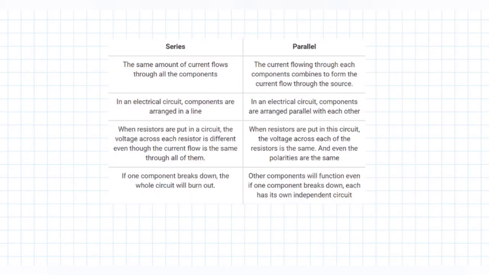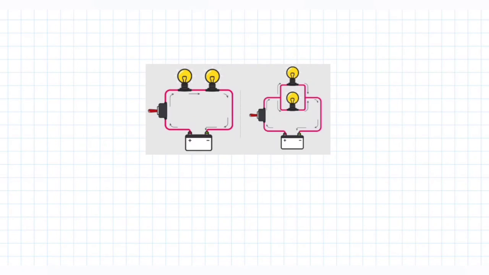When resistors are put in a circuit, the voltage across each resistor is different, even though the current flow is the same through all of them. And if one component breaks down, the whole circuit will burn out, that we have studied here in series combination.